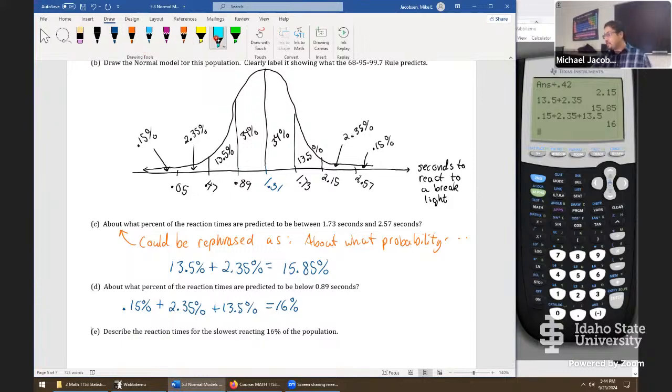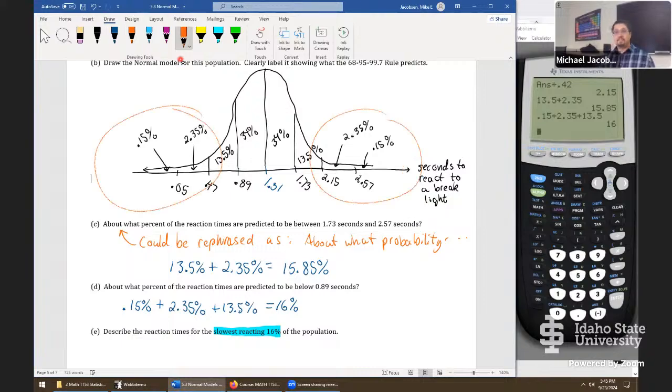When it says slowest reacting 16% of the population, well, first we know we're talking about percentages, but what end of the actual diagram are we on? This is reaction time. Are we on this end or are we on this end? Some say left or right. It's kind of tricky.